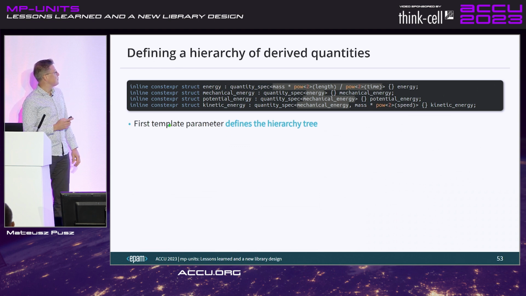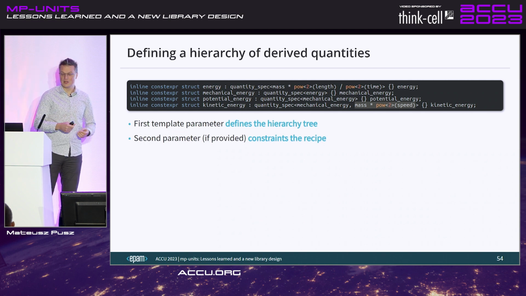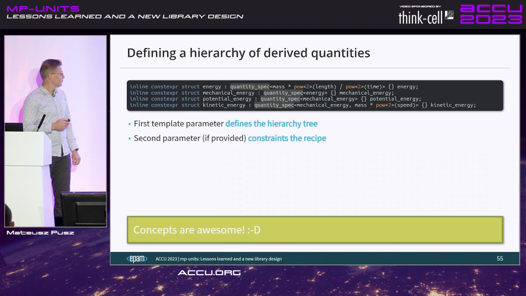That's why the first stable parameter defines the hierarchy tree, the same as for base dimension as we've seen for length. And if a second parameter is provided, it constrains the recipe, the equation, saying that only if you do that, I can convert this implicitly to kinetic energy. And by the way, concepts, not only NTTPs, but concepts also are awesome. Right? Notice that it looks like an overload set of functions, even though this is a class template.